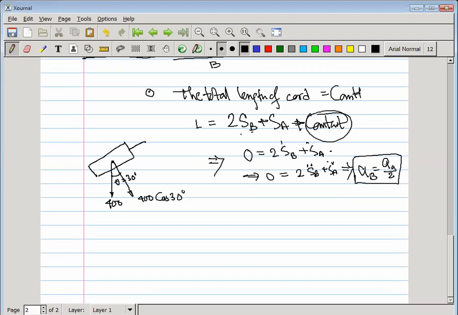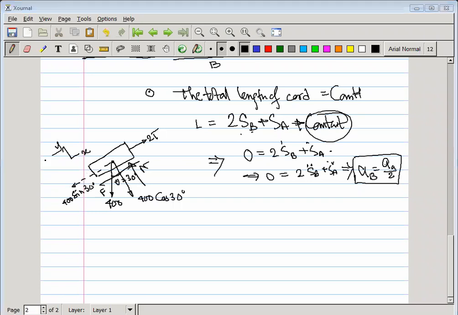Here the tension is 2T. Another component is 400 sin 30. Since it moves in the upward direction and the coefficient of friction is given, we have to draw the friction and the normal along this direction, and your X and Y are this one and this one.